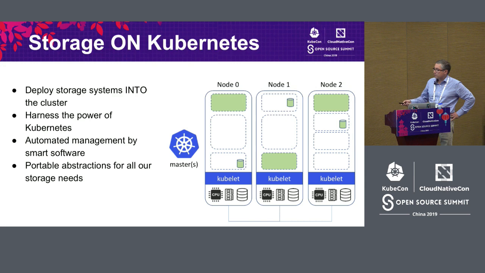We want to run our software as pods or stateful sets or something like that, and consume the storage devices and provide virtualized software-defined storage on top. So we deploy storage into the cluster itself, so it runs and is managed by Kubernetes. We harness the power of Kubernetes for that. We automate management by smart software. It's a portable abstraction for all our storage needs.